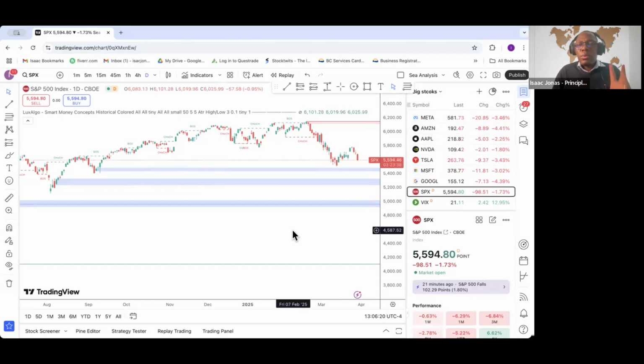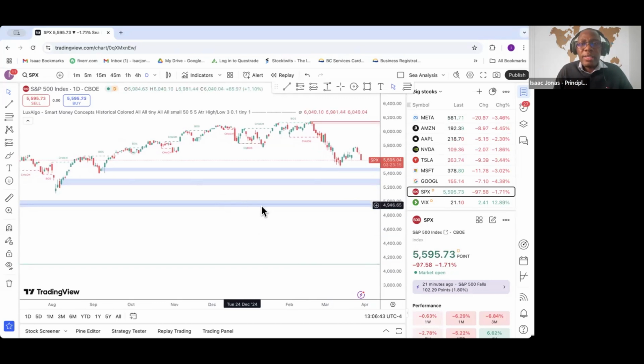For those who don't know, the S&P 500 is essentially 500 publicly listed companies from different sectors across the US economy that are lumped together in an index. Now, if I look at this chart, you can see these levels here.